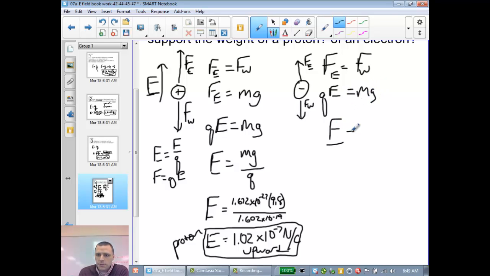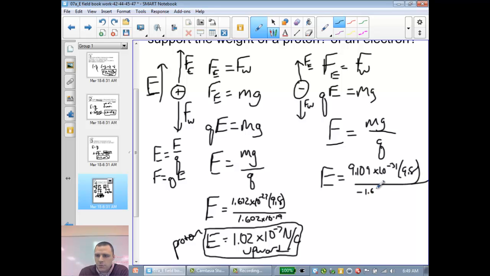So the electric field strength is just mg divided by Q. The numbers that go in: the mass of the electron is 1.019 times 10 to the negative 31, times 9.8, divided by negative 1.602 times 10 to the negative 19.